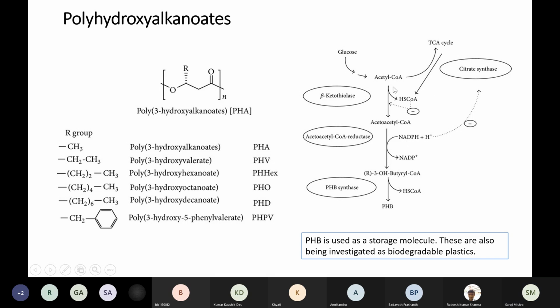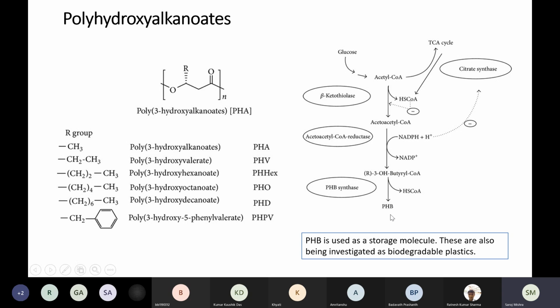So what you are looking at on this side is how acetyl coenzyme A is converted into polyhydroxybutyrate. There are three enzymatic steps. I don't expect you to know the chemistry of it, but as you can see here, three enzymes participate: beta ketothiolase, acetoacetyl reductase, and PHB synthase.